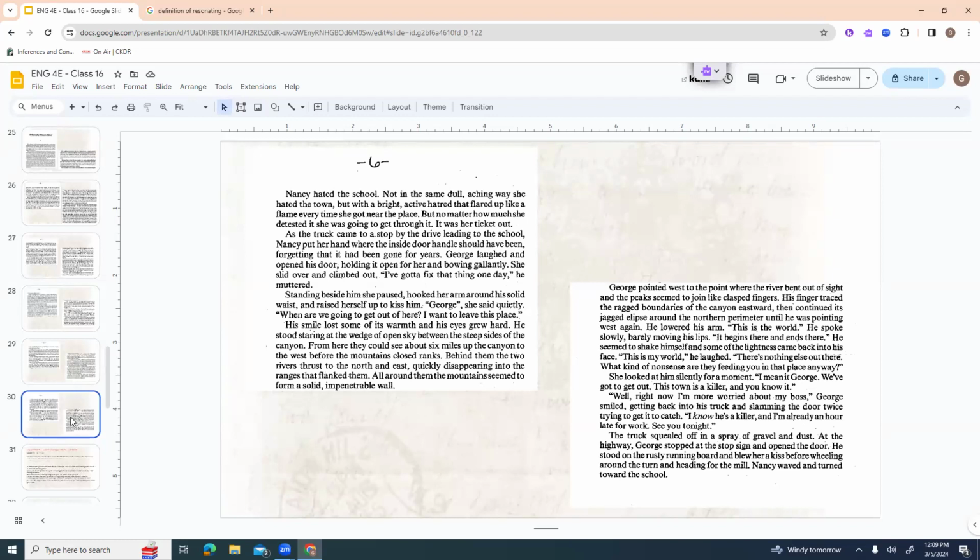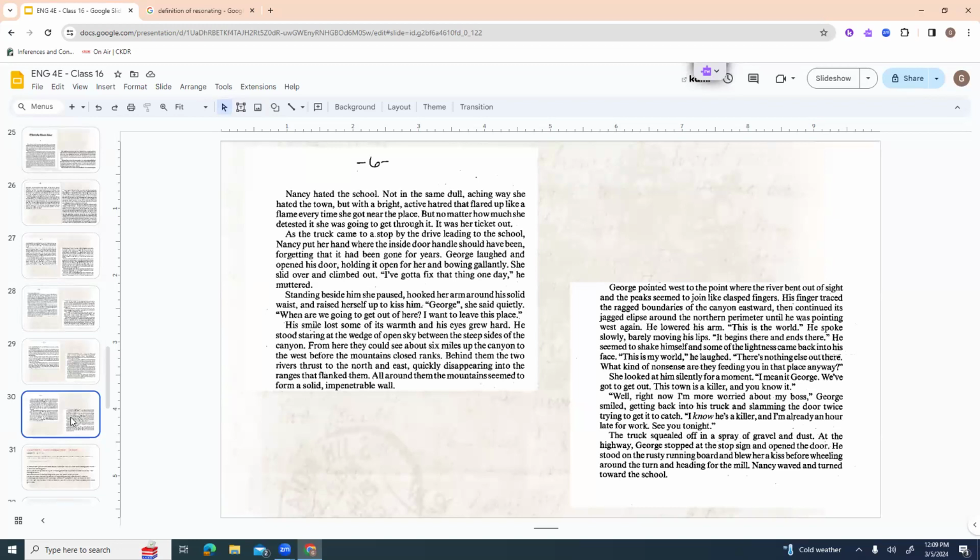George pointed west to the point where the river bent out of sight, and the peaks seemed to join like clasped fingers. His finger traced the ragged boundaries of the canyon eastward, then continued its jagged ellipse around the northern perimeter until he was pointing west again, and he lowered his arm. "This is the world." He pointed slowly, barely moving his lips. "It begins there and ends there."